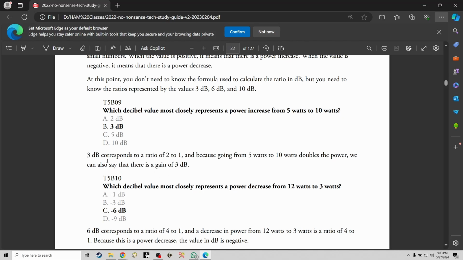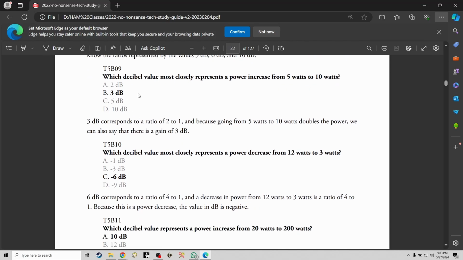3 dB corresponds to a ratio of 2 to 1, and because it's going from 5 to 10, it doubles the power. We can also say that there is a 3 dB gain. With a 3 dB gain, you're basically doubling your power. All right. Which decibel value most closely represents a decrease from 12 to 3 watts? 12 to 3 watts.